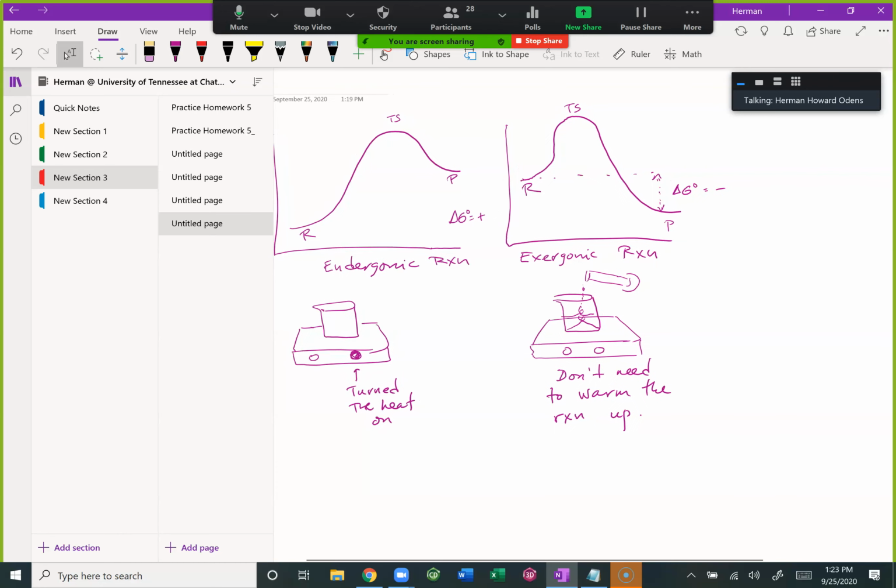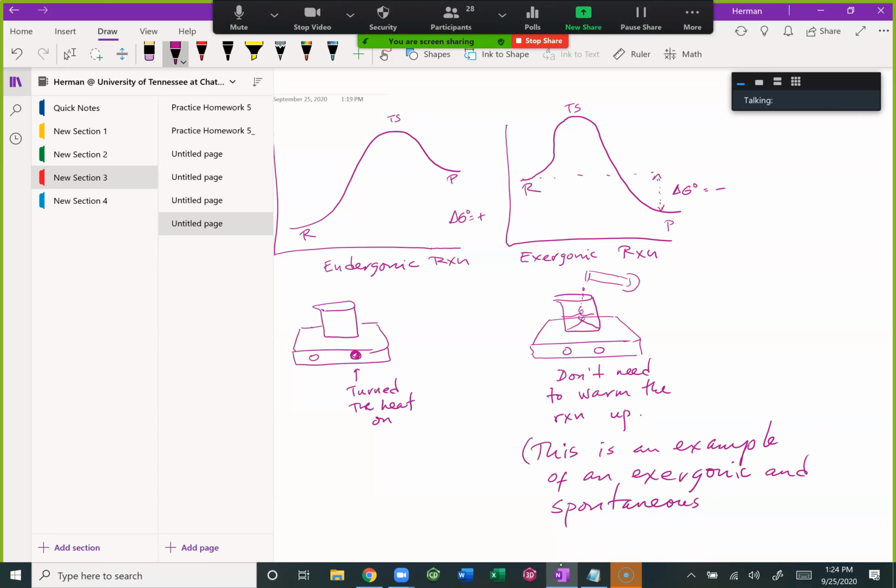And so this is an example of an exergonic and spontaneous reaction. All right, so that's the difference. That's what that problem was referring to.